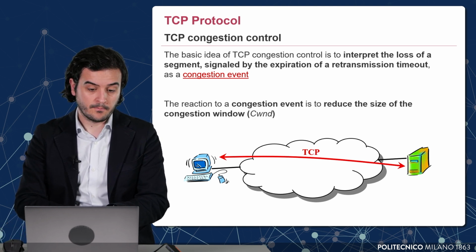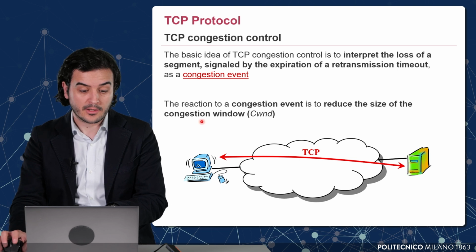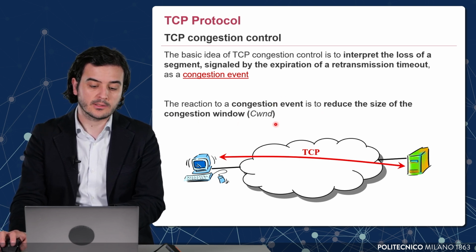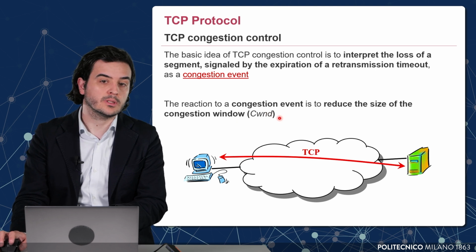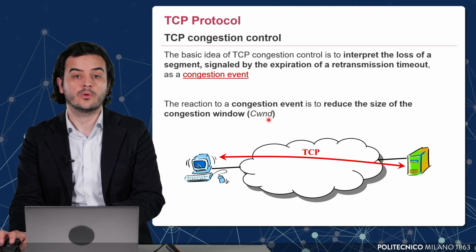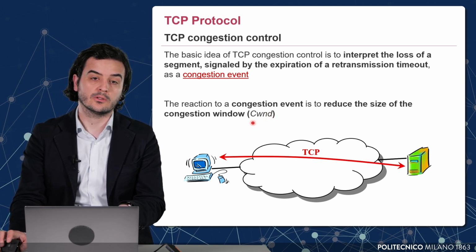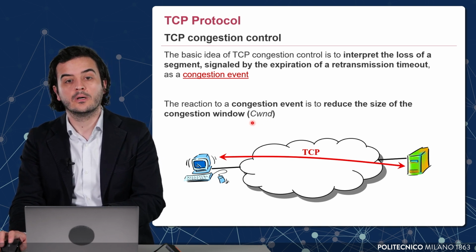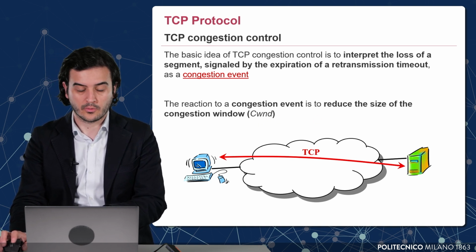In this case, the reaction to this congestion event will be to reduce the size of the congestion window. This is important because, for a lower value of the congestion window, as we saw on the previous slide, the transmitter's window will be adjusted accordingly.